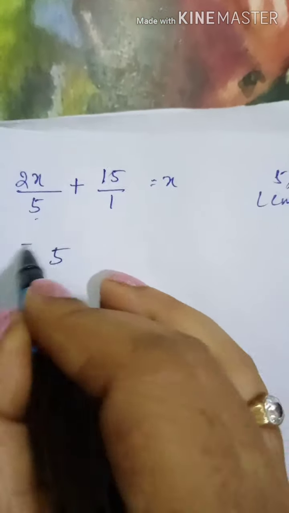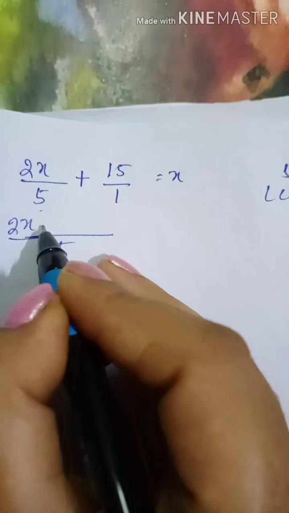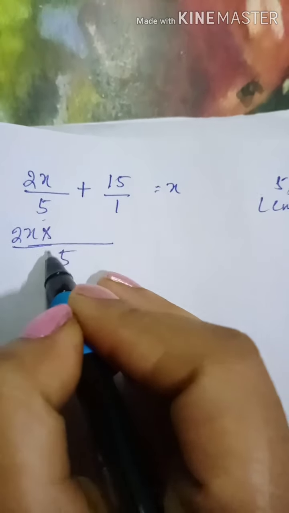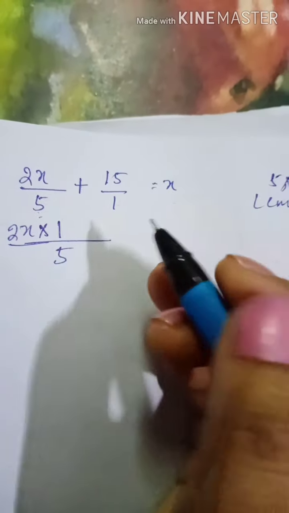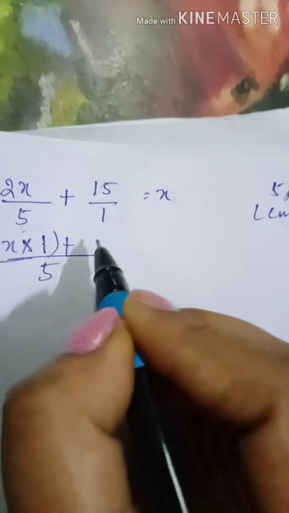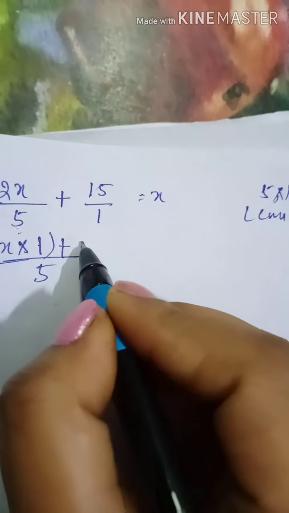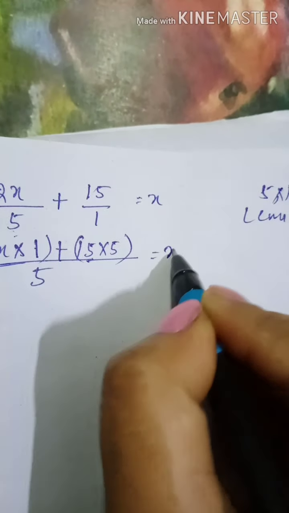So see, 5 divided by 5 is 1, so 1 is multiplied with 2x, and 5 divided by 1 is 5, so 15 is to be multiplied with 5, x as it is.